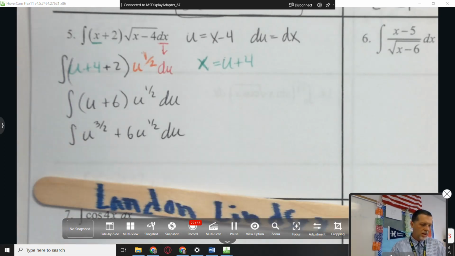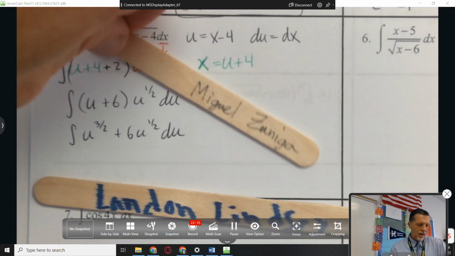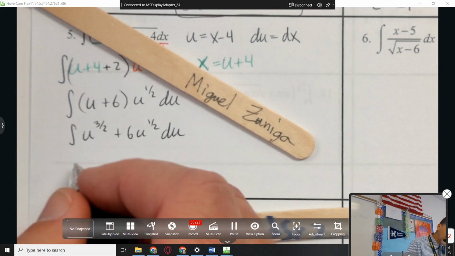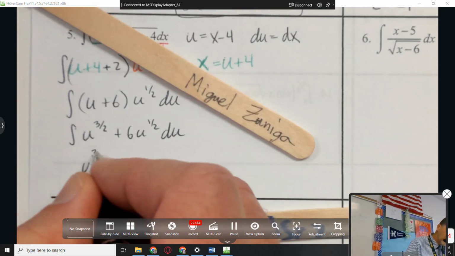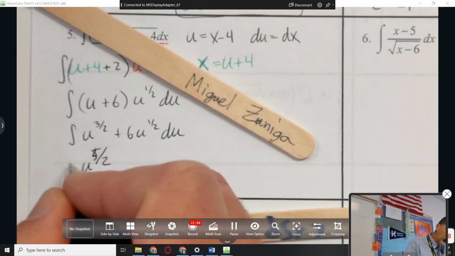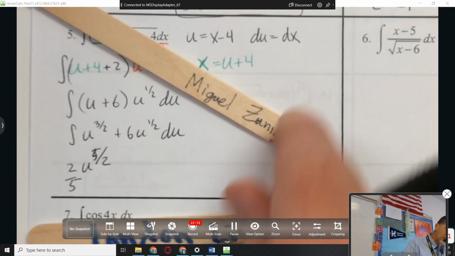Landon and Miguel. Landon, what's the antiderivative of the first one? What's u to the 3/2? U to the 5/2 with the 2/5 out front. Yes.